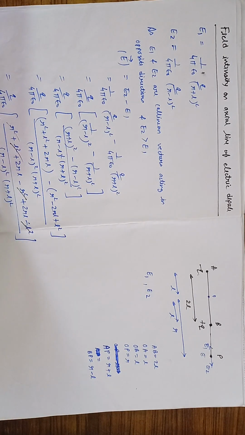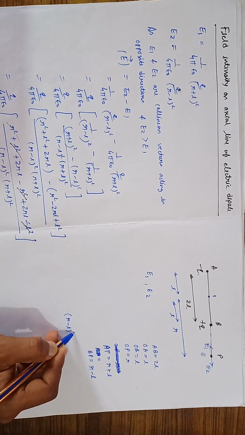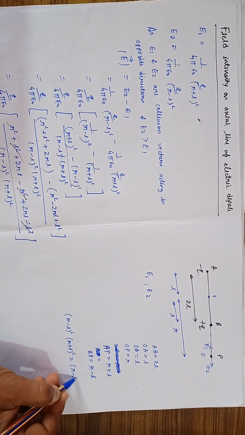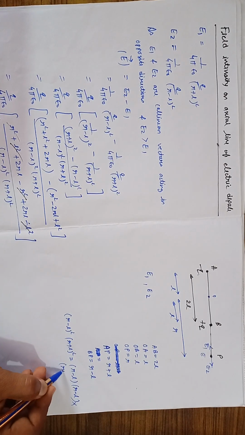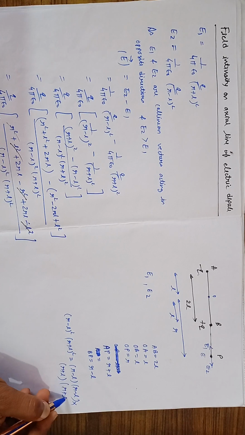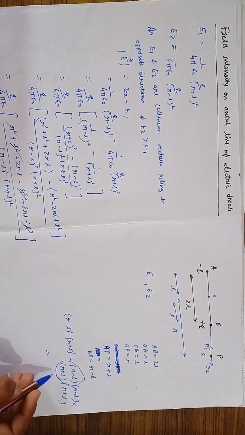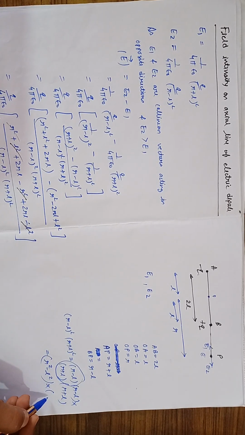Please note that we can write (r minus l) whole square (r plus l) whole square as (r minus l) into (r plus l) into (r minus l) into (r plus l). We can write this term as a square minus b square, so it will become r square minus l square, and we can write this also as a square minus b square, that will become r square minus l square.